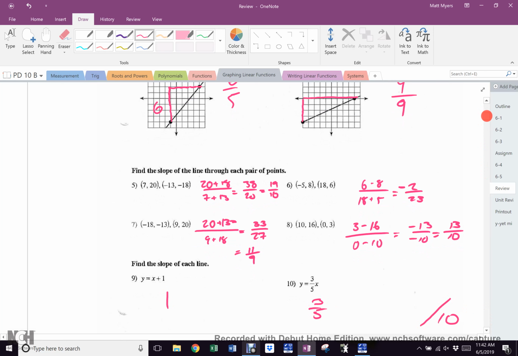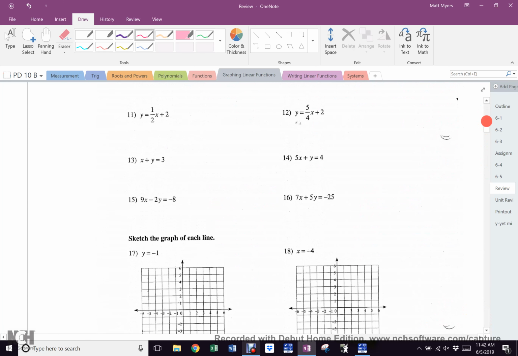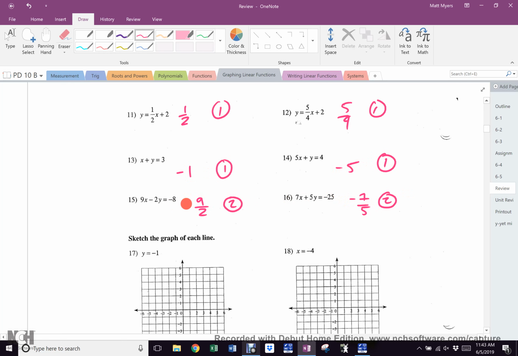First page is out of 10. Questions 15 and 16 are out of 2 because you had to do a bit of work.